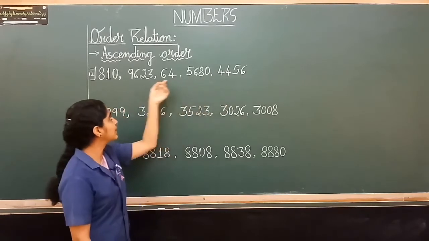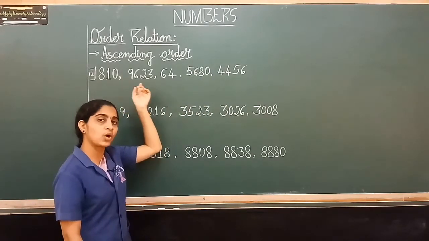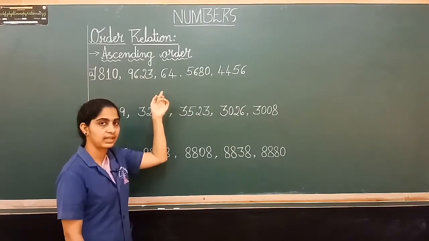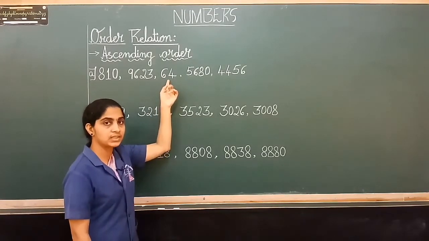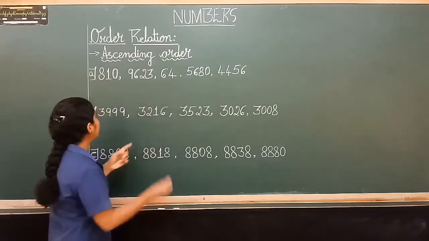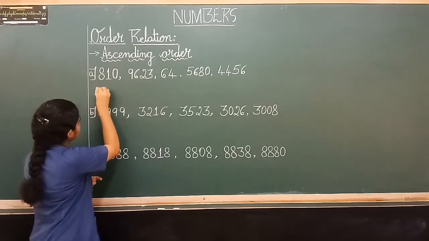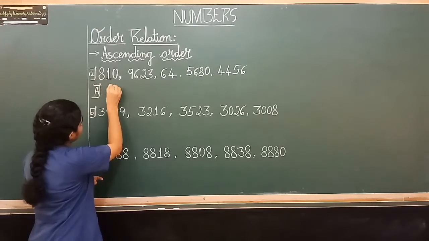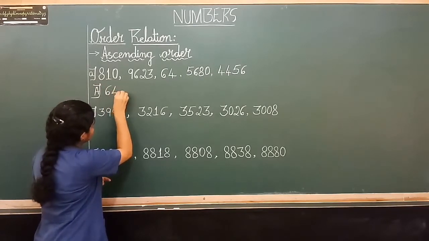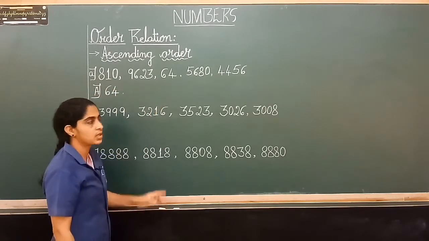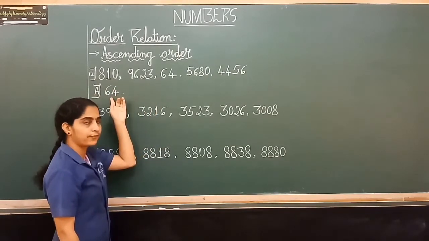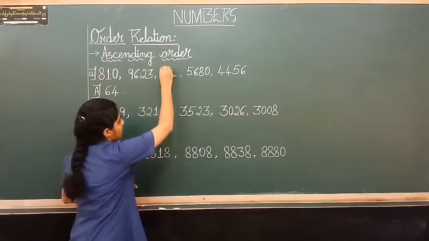So when we compare these numbers, which is the smallest number? Yes, as 64 is 2-digit number, this is the smallest number. So we have to write this number first. Let us write the answer. 64 is the smaller number when compare all these numbers. So we have written 64 first. So let us cut this number here.